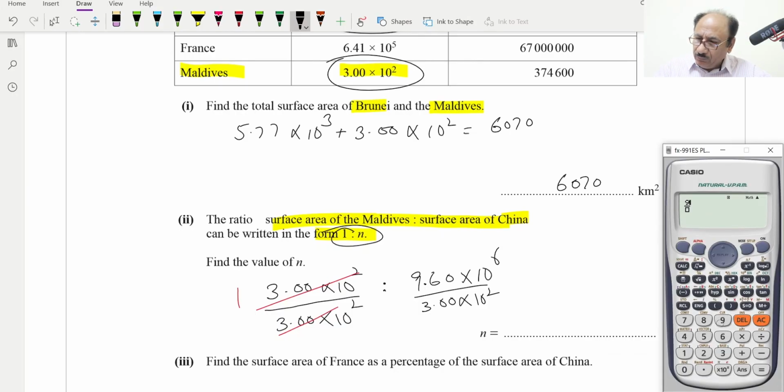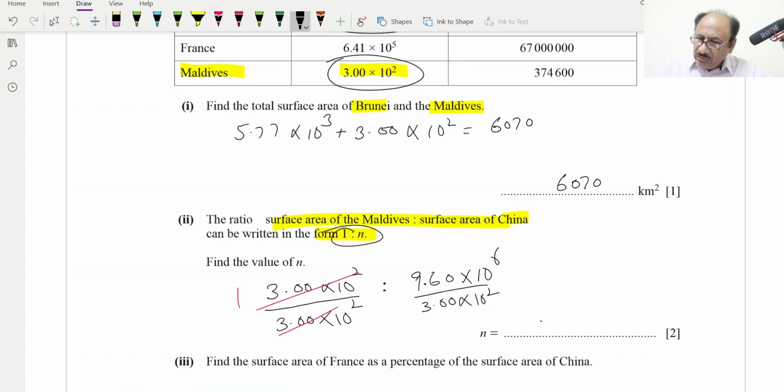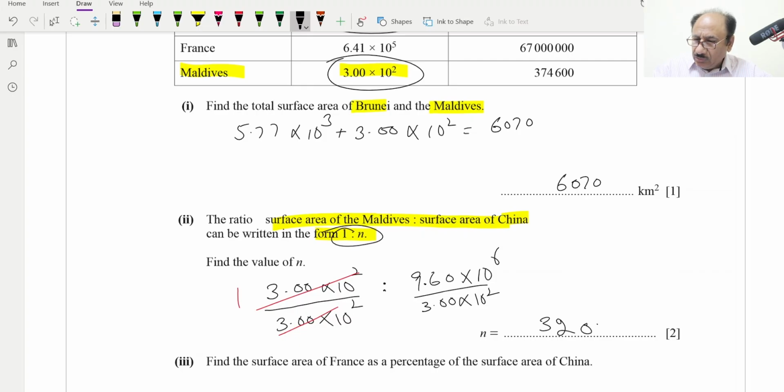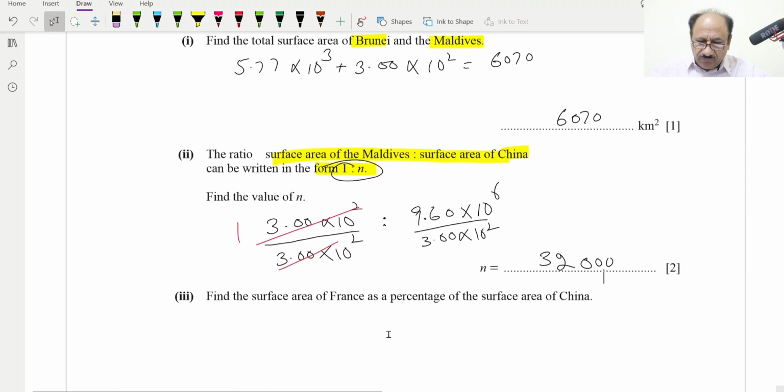So 9.60 × 10 raised to the power 6 divided by 3.00 × 10 squared will give you 3,2,000. So 1 to 32,000 will be our answer for the n value.